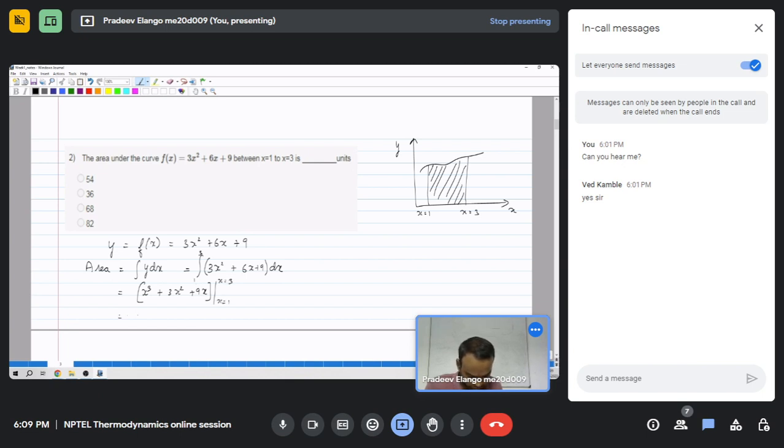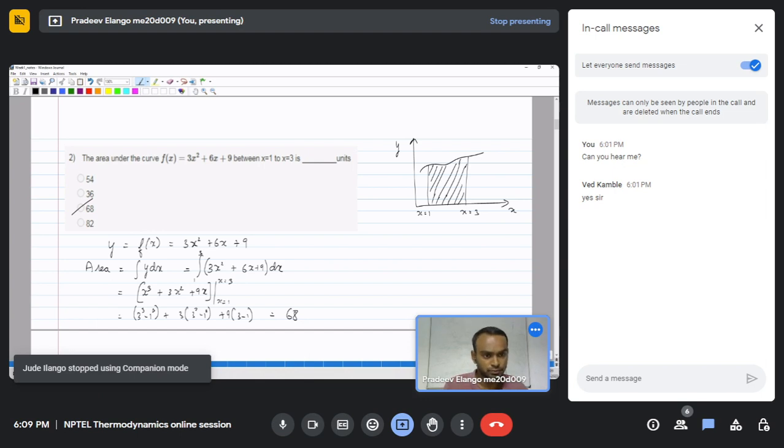Then we will have 3 cube minus 1 cube plus 3 into 3 square minus 1 square plus 9 into 3 minus 1. So if we solve this you will get 68. 68 is the answer. If you have any questions about the question, you can ask me. Or I can move to the next problem.